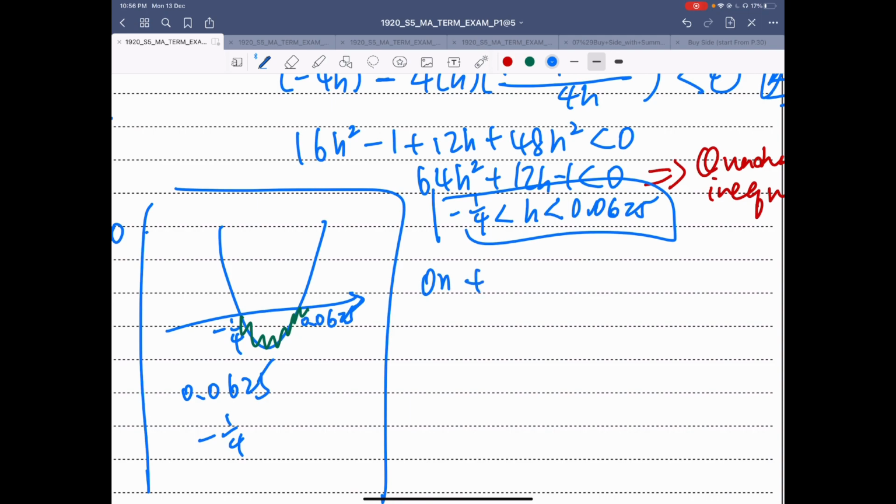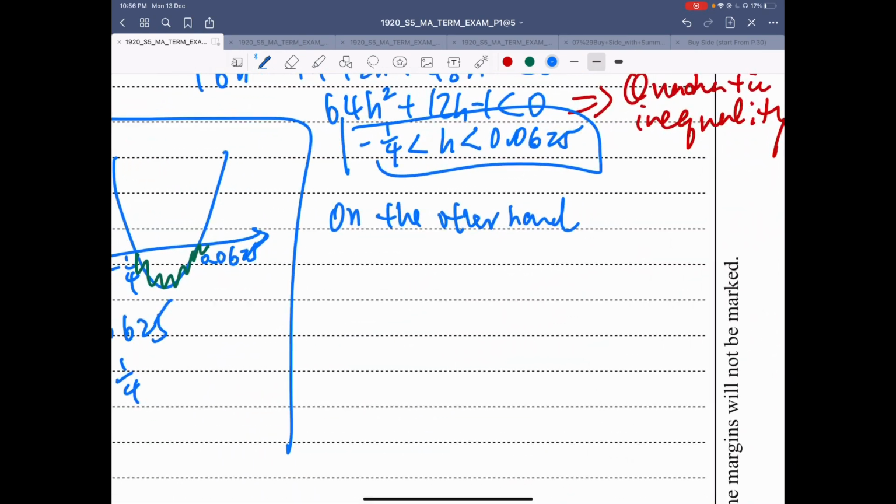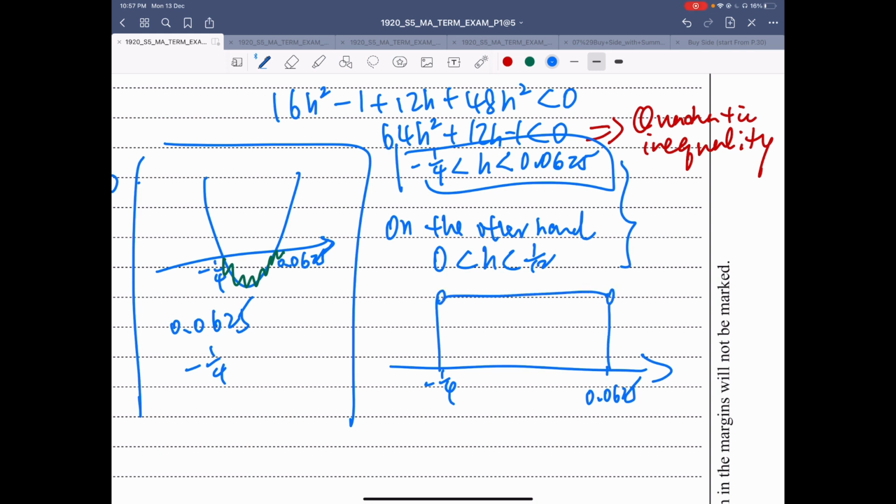On the other hand, the question has provided that the range of h is 0 to 1 over 12. So we arrive at a conclusion: the range needs to satisfy both, right? The first range will be negative 1 over 4 to 0.0625, and the second range will be 0 to 1 over 12, which is actually 0.08333, okay?